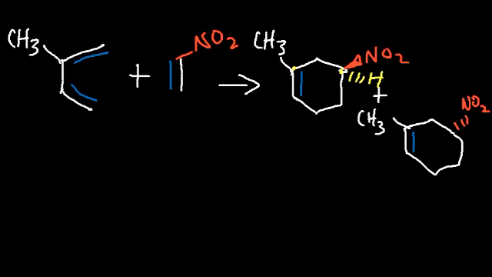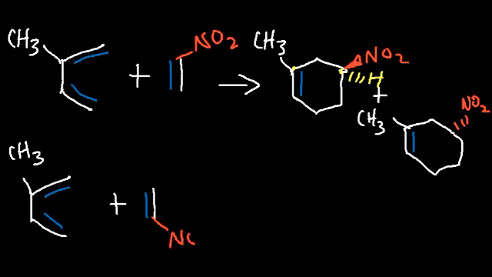Now, we can get more than 2 stereoisomers though. We can get more than 2 products. So the dienophile can approach the diene in the opposite way, so to speak, with the NO2 facing away from the methyl group.